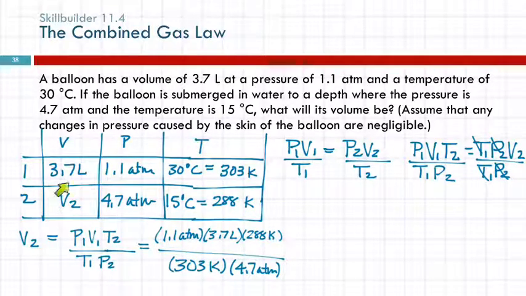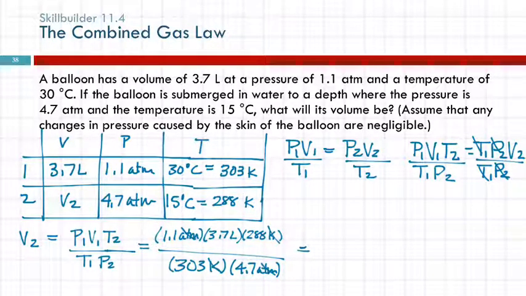You should be using each number in here once. If you use one twice, you got confused. So the units work out. That's encouraging. 1.1 times 3.7 times 288.